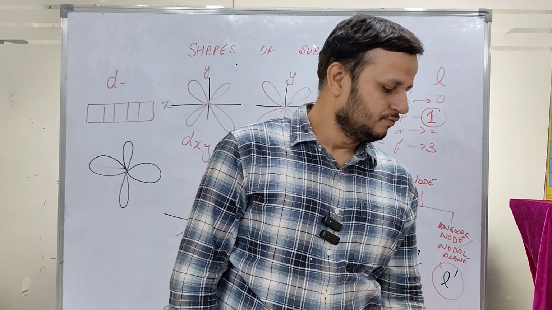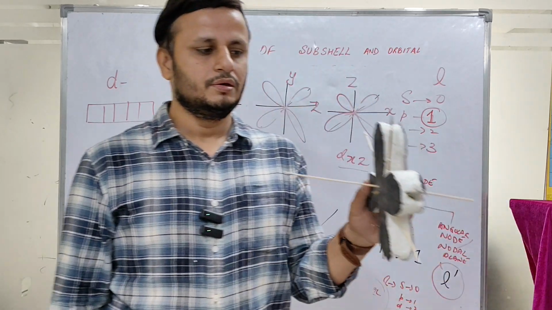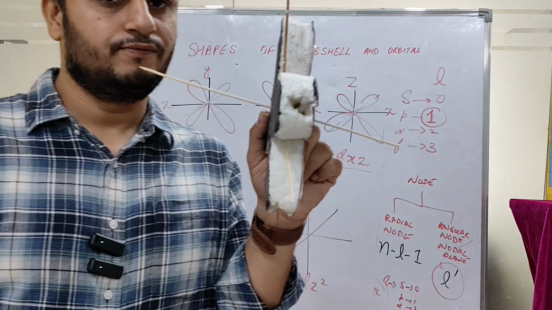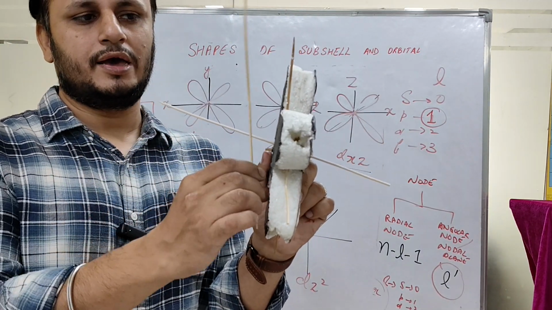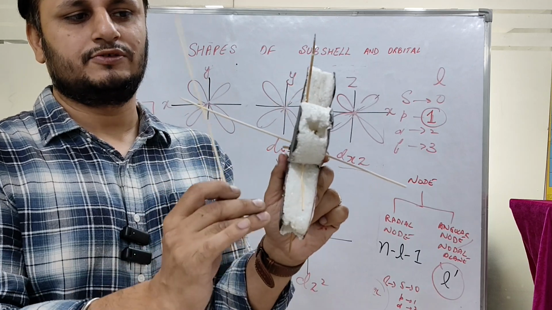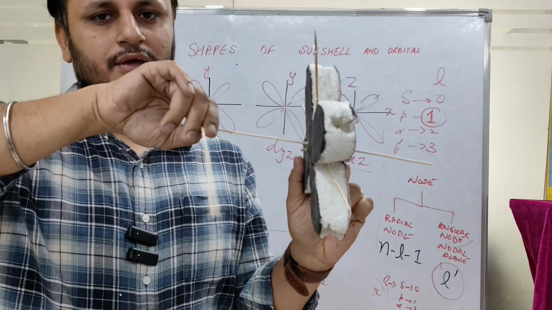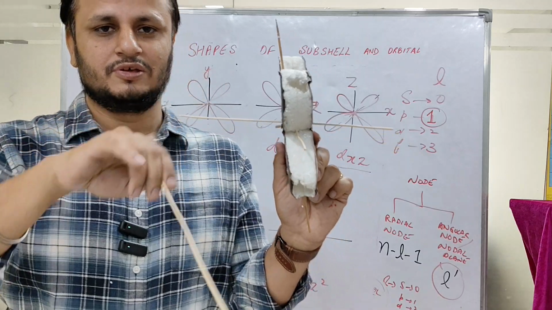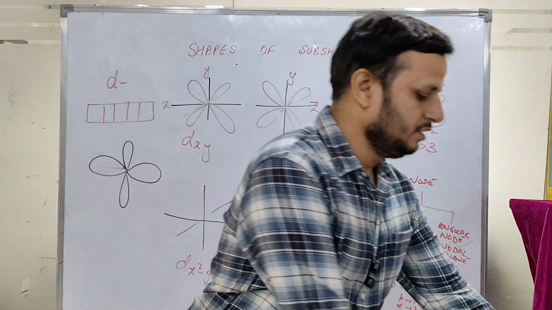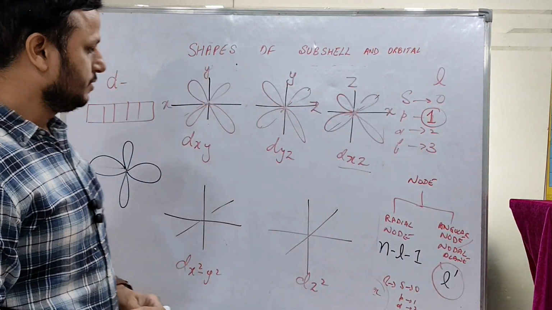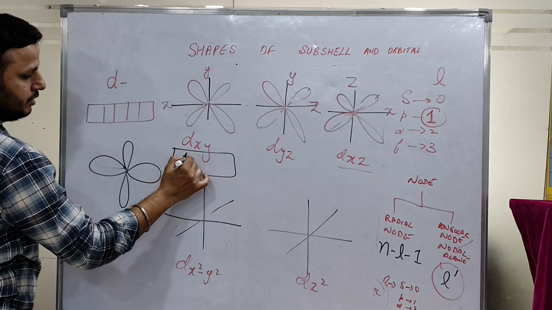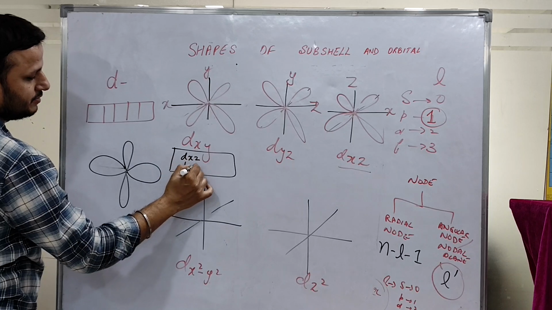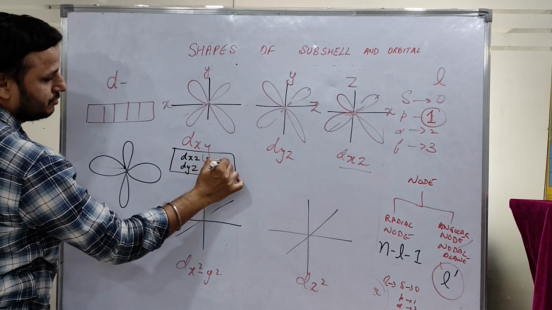Similarly for yz, the probability of finding the electron is zero along the xy plane and xz plane. For d orbitals there are two nodal planes. So for dxy, the yz and xz planes are the nodal planes.